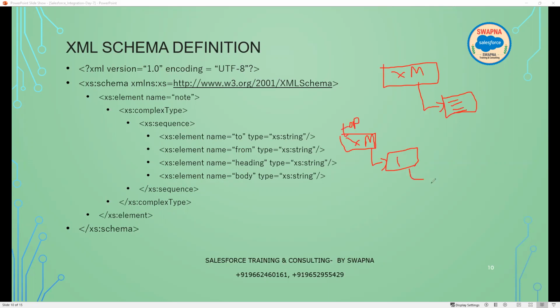Within this again you are adding one more root, and within this again one more, and again one more. So this is a root, this is a subroot, this is a subroot, this is a subroot. Whichever way you wanted to implement, within this subroot you have multiple options available.